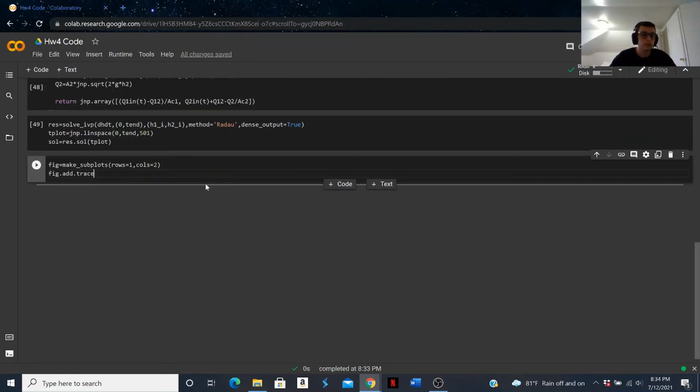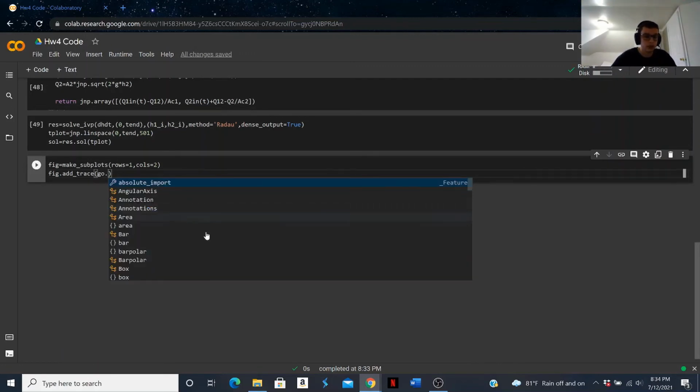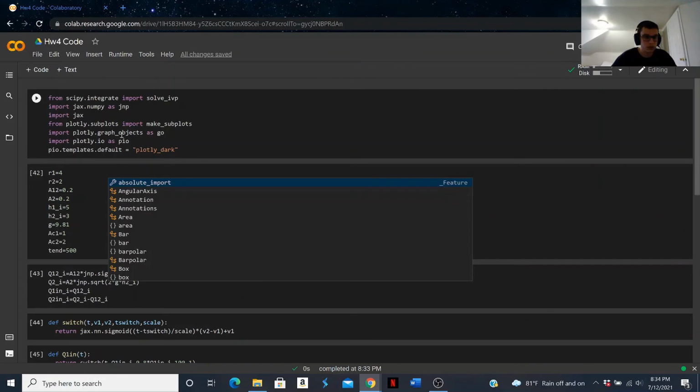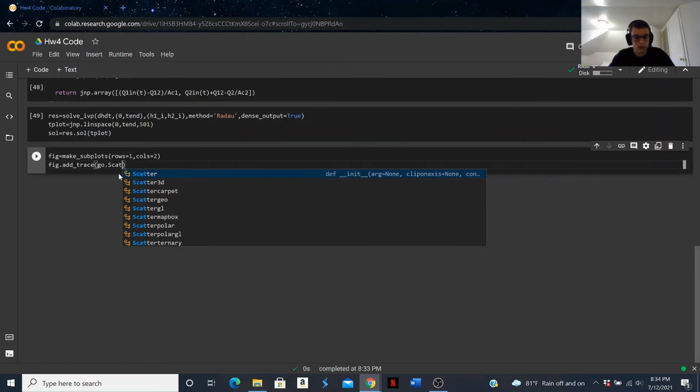So wait, fig.add_trace, doesn't look right. Go. And our go is our graph objects that we imported above. Plotly graph objects is go. So go, one of those is a scatter plot, just as Scatter.